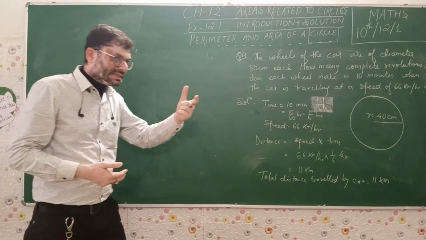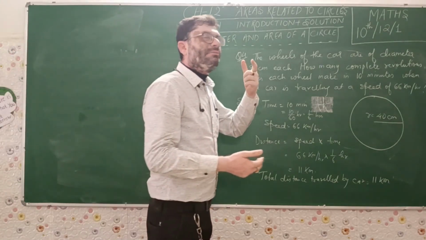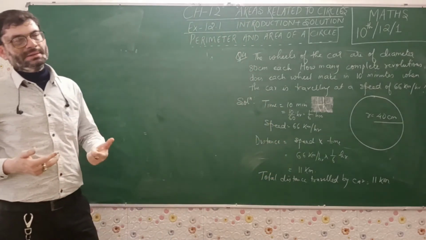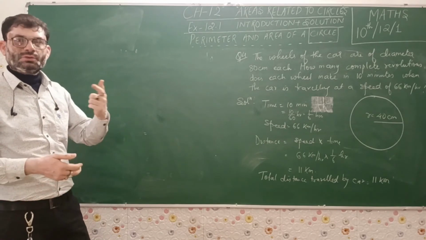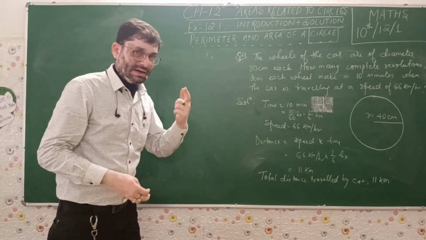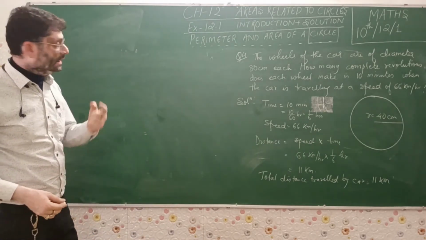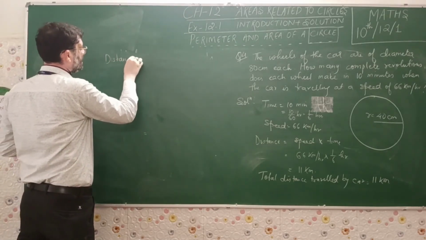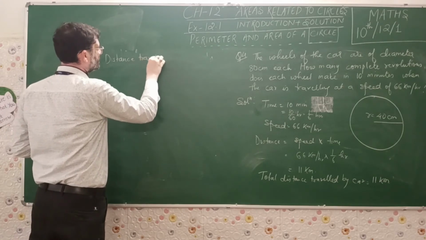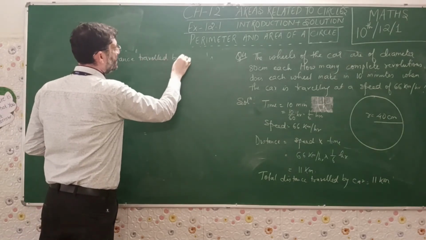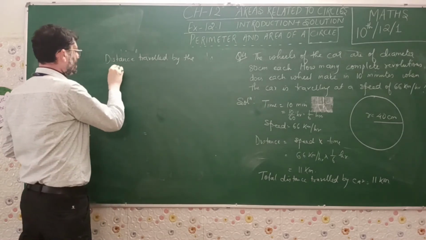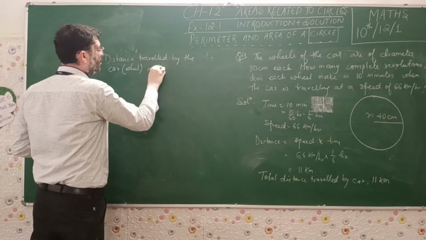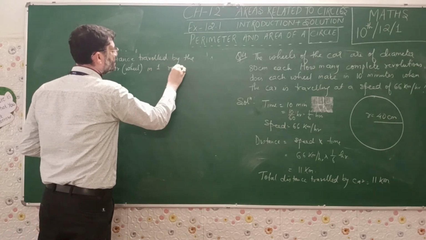The total distance that the car covers divided by distance traveled in one revolution will give the number of revolutions. But before that, we should know the distance traveled by the car or by the wheel in one revolution. So let us find the distance traveled by the car, or you can say wheel, in one revolution.